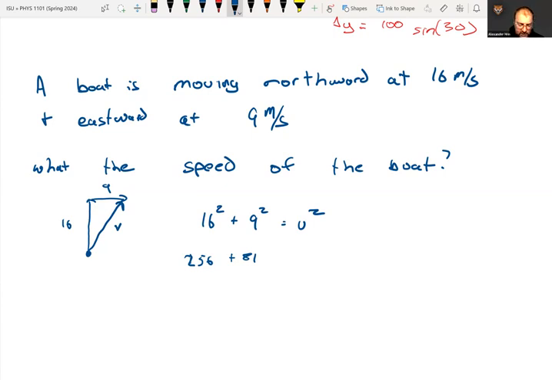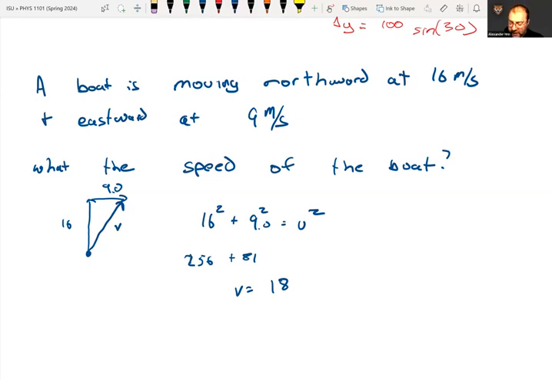Yep, 256 plus 81 plus 337. And then you would take a square root of that. And you would have V is equal to 18 point... Probably wanted to do something like 9.0.